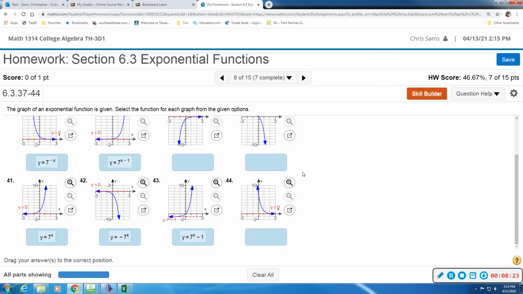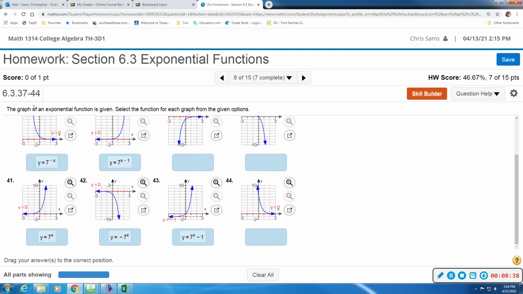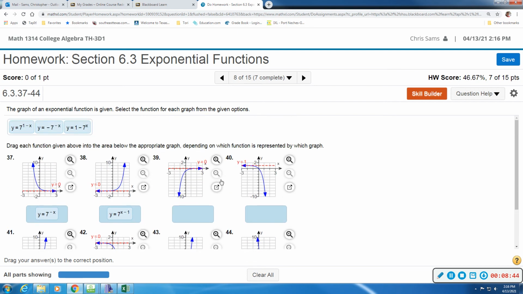Down like this, decay. And then this 1 being positive will shift it left 1. So it's kind of like taking this graph, making it decay, and then shifting it left 1. But that doesn't even look really good. Whenever they do them like this, they get a little bit confusing.